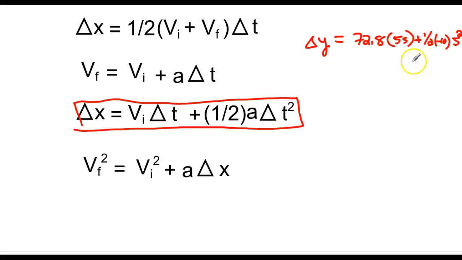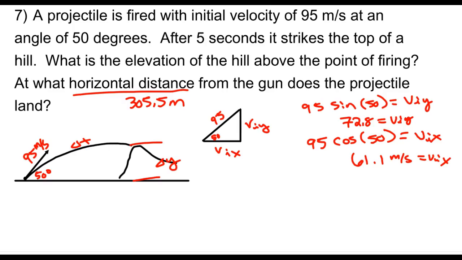So we're going to punch all that mess into the calculator. And I get 239. I'll double check that. And yep, that works out. So this should be your delta y right here, 239. So what is the elevation of the hill? That one's 239.